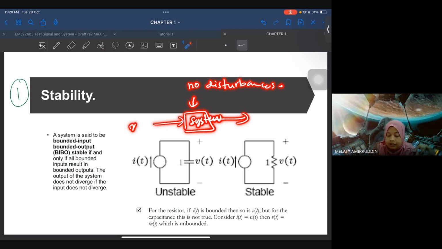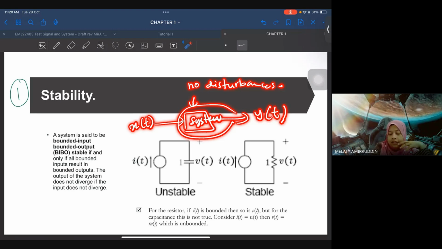What is input is also output. So this is an ideal condition that is actually quite impossible for us to get. In real life, normally disturbance or noise is always in the system.